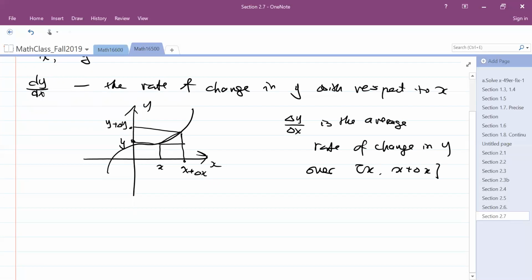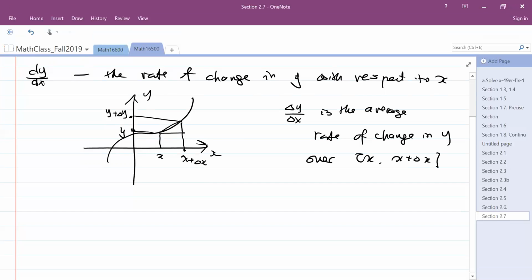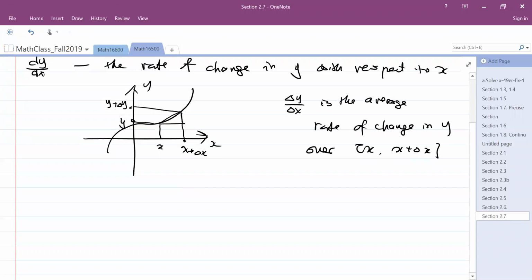So if y is a position function and x is time, that gives the average speed. The delta y is the displacement over the time interval from x to x plus delta x.